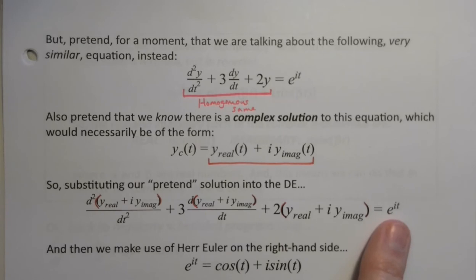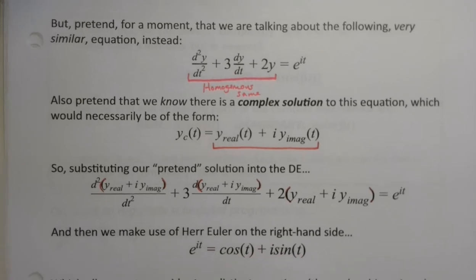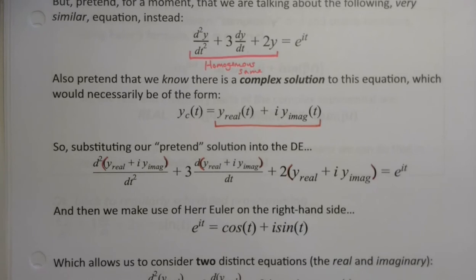And that means if we're using Herr Euler's formula on the right-hand side, e to the it really can be thought of as cosine of t plus i times sine t. And so there's a real part, the cosine part is associated with the real part, and the imaginary part.